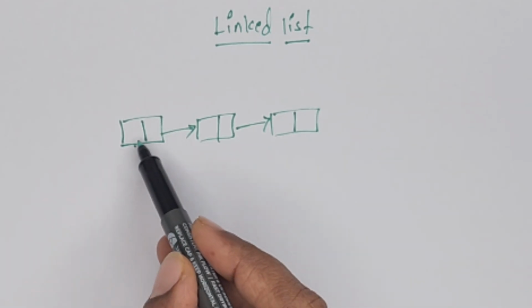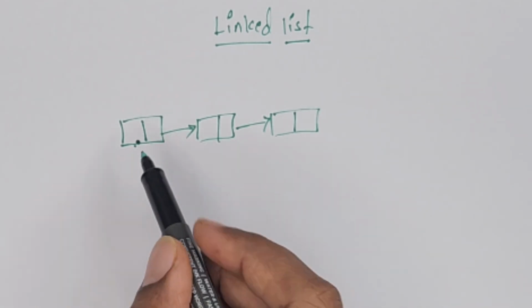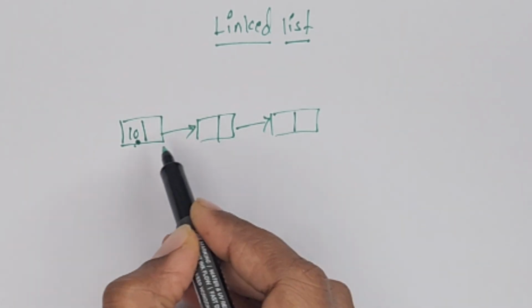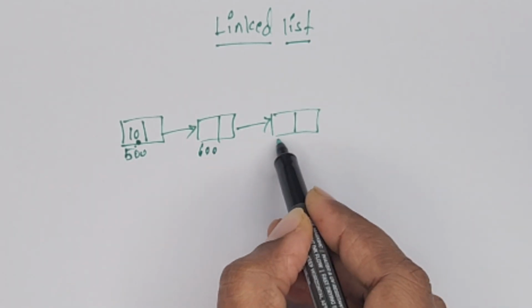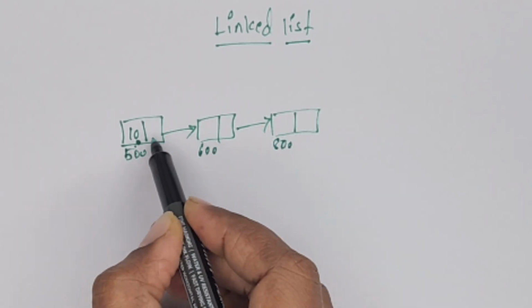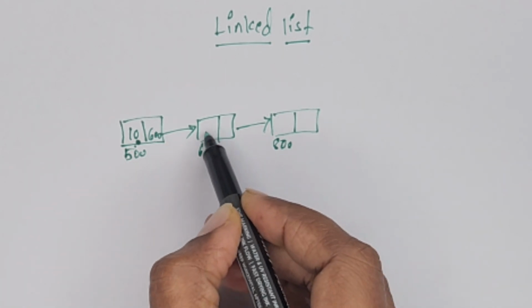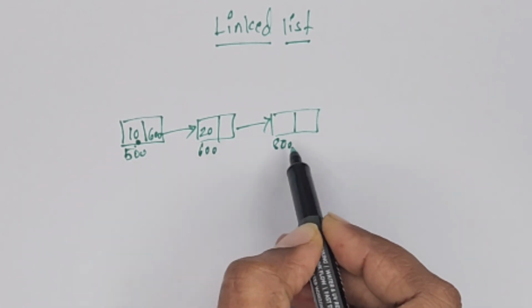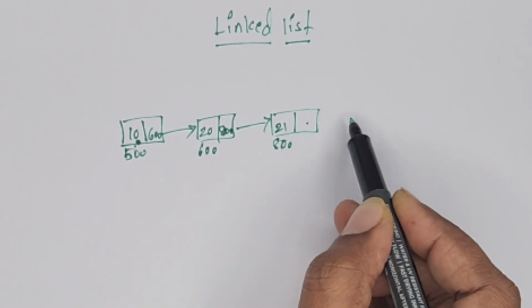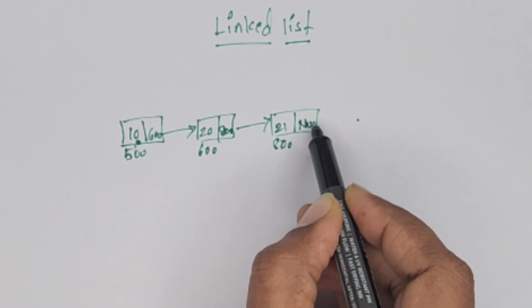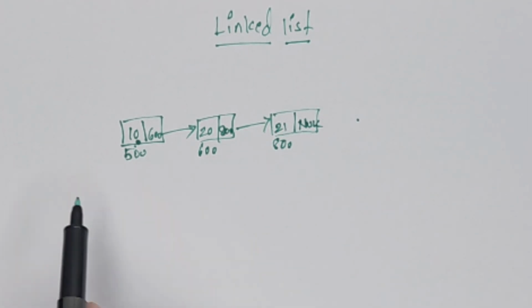I'm going to store only the roll number of the student, then the address of the next node. For example, addresses are 500, 600, then 800. Address of next node is 600. And roll number is 20 and address of the next node is 800. Roll number is 21, address of next node: there is no next node, so we have to store null. So this is one simple example of a linked list.